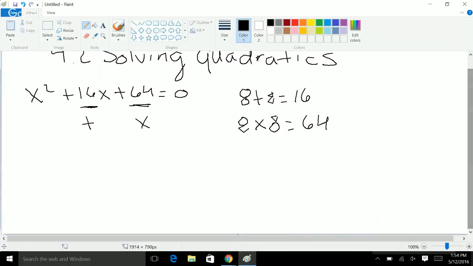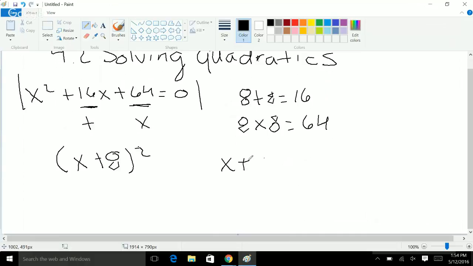So it would be (x plus 8) squared equals this equation. So what we have to do is get it out of parentheses.